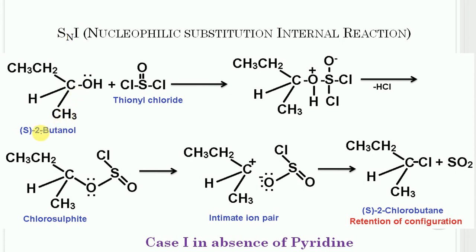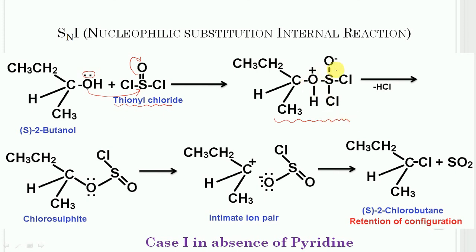So in this case, S-2-butanol is treated with thionyl chloride. This oxygen is rich in electrons, so this pi bond will shift toward this side, and this oxygen will attack the sulfur. So first of all, this intermediate will get formed.